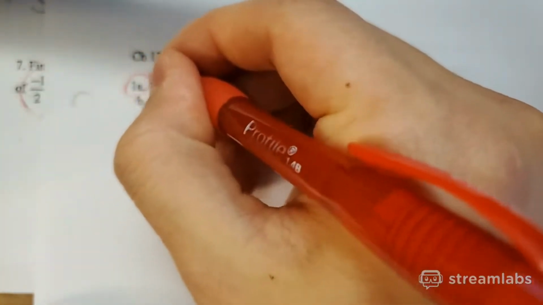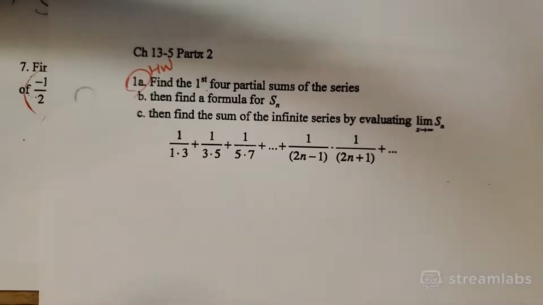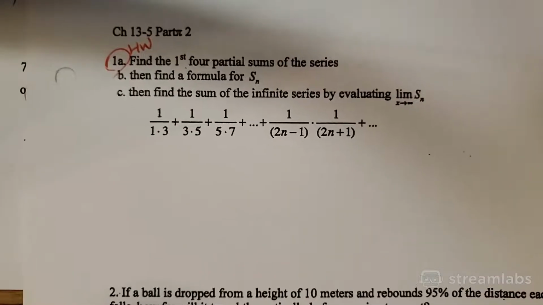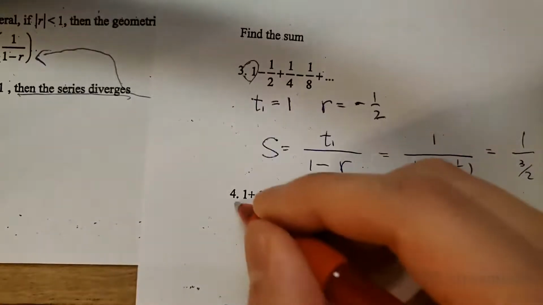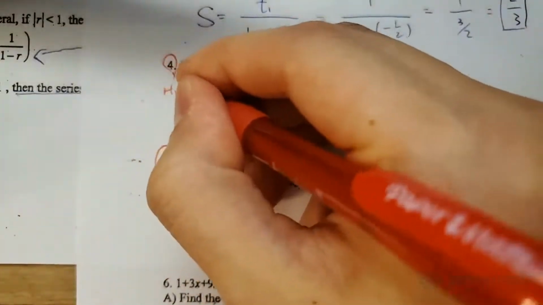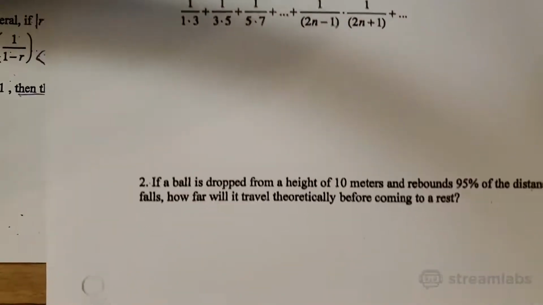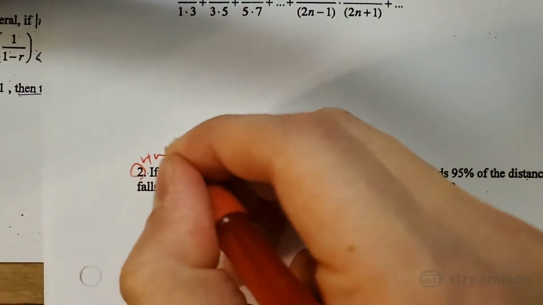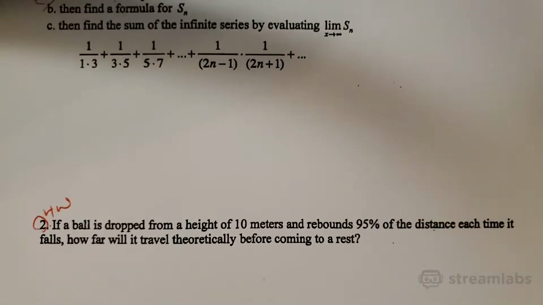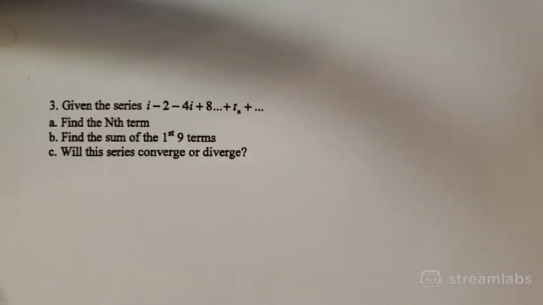So write homework. This is for you to explore on your own. I'll talk about it if you don't get it, okay? But before that, 4 and 5 is also homework. If you haven't done it yet, these 2 are homework problems. So, number 2, homework problem. All right. Number 3 is what I want to talk about first. I'll talk about it partially, and you can finish that as homework, okay?